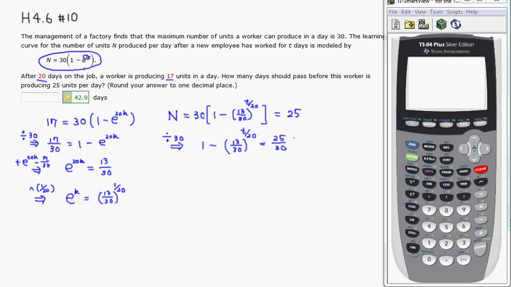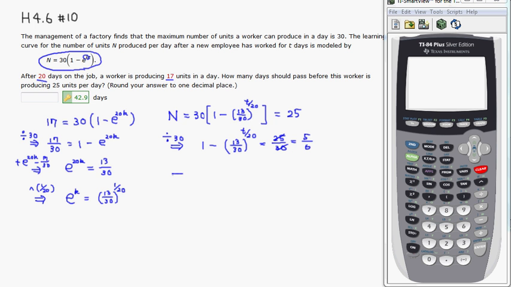Top and bottom are multiples of 5, so divide by 5, you get 5 on top. Divide 30 by 5, you get 6. So 5 over 6. Then I'm going to move this guy over to the other side and 5 over 6 to the left-hand side.